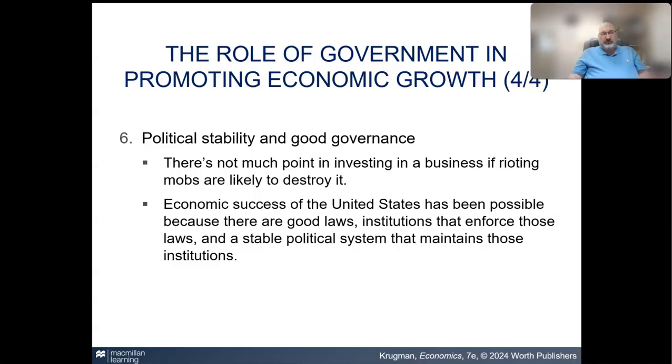Political stability and good governance, there's another thing. Not much point in investing in a business if rioting mobs are likely to destroy it. The economic success of the U.S. has been possible because there's good laws. There are also institutions that enforce those laws and a stable political system that maintains those institutions.